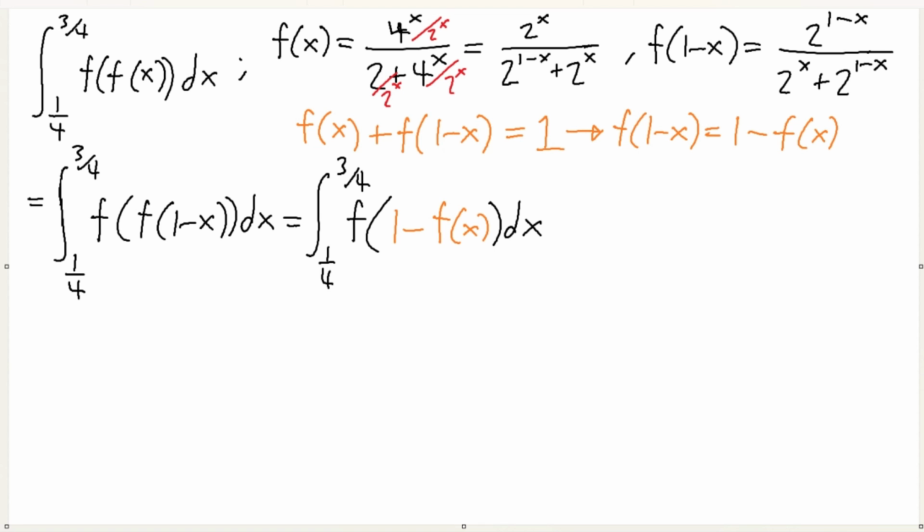Well, this is where the tricky stuff begins. Here we have this formula: f of 1 minus x is equal to 1 minus f of x. Then f of 1 minus f of x is equal to 1 minus f of x. Whew.